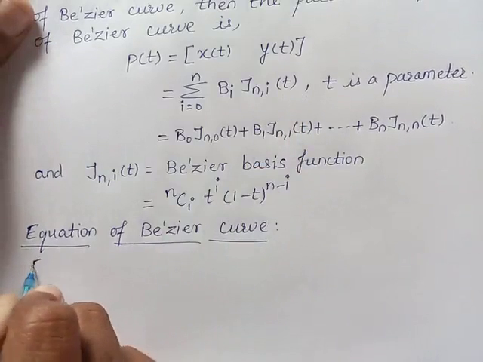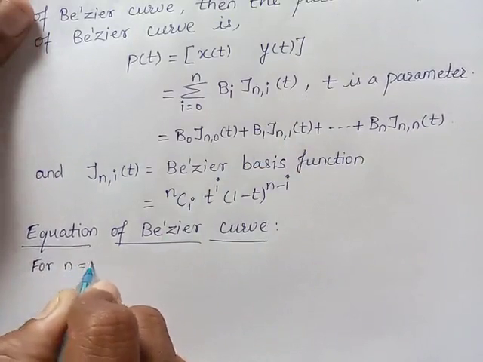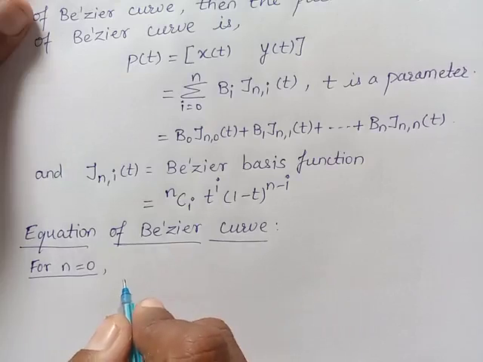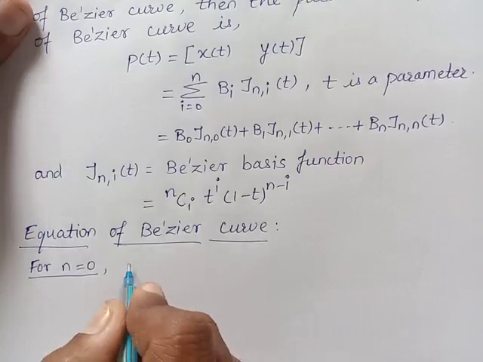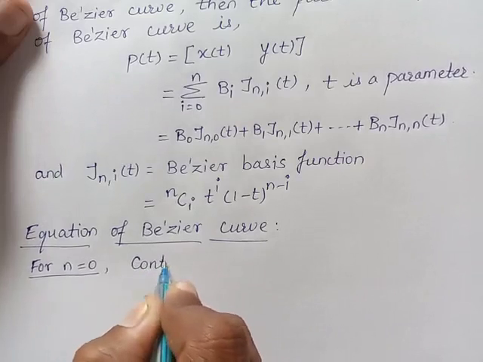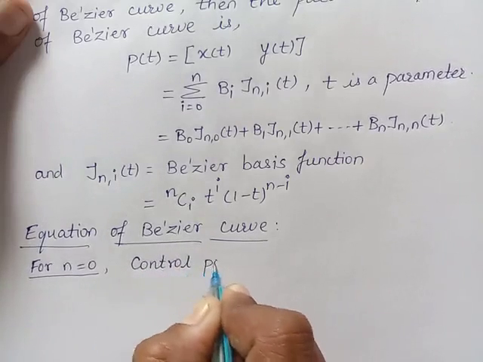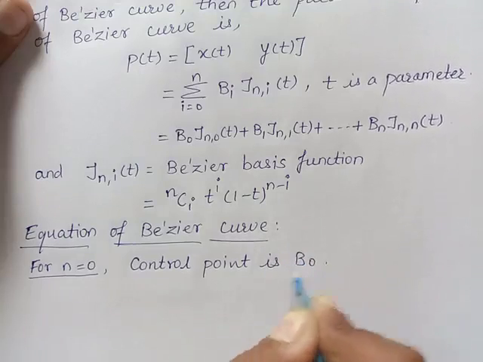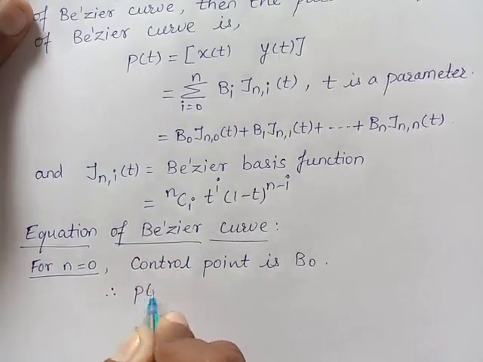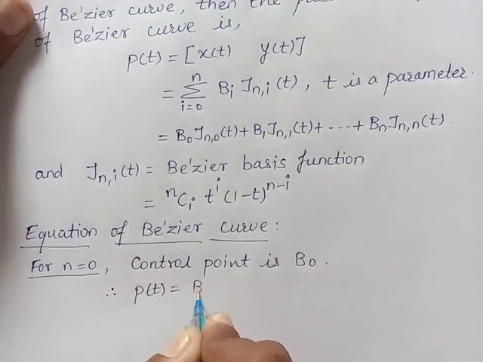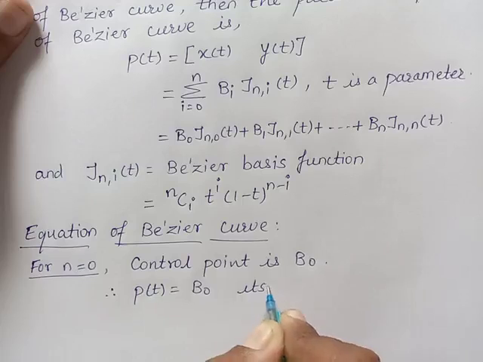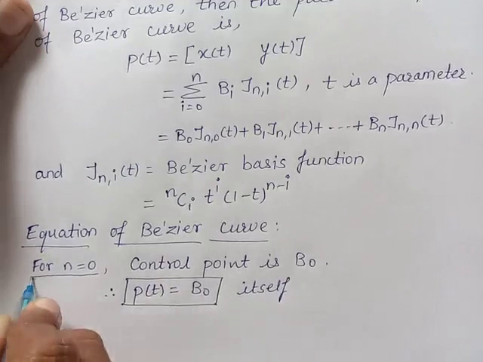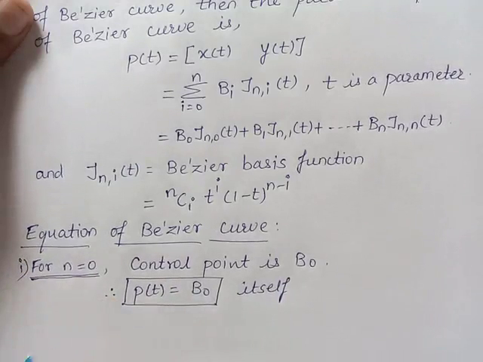So for n equal to 0, there is only one control point, that is nothing but B0. Control point is B0, and P of t is simply B0 itself.